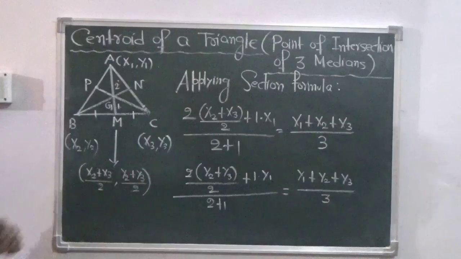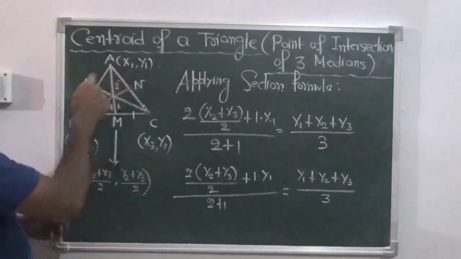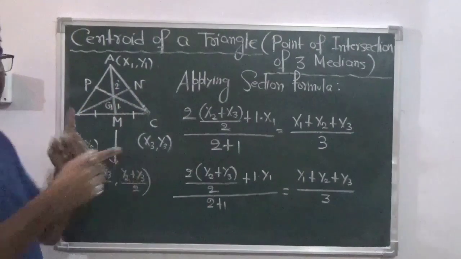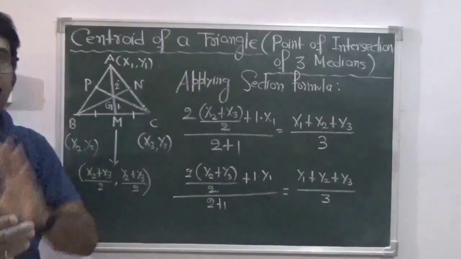So finally we have the coordinates of the centroid of the triangle as (x1 plus x2 plus x3) by 3 for the x coordinate and (y1 plus y2 plus y3) by 3 for the y coordinate.